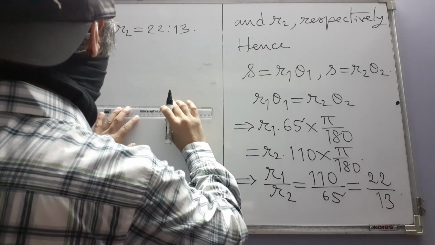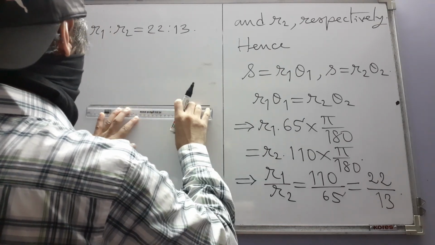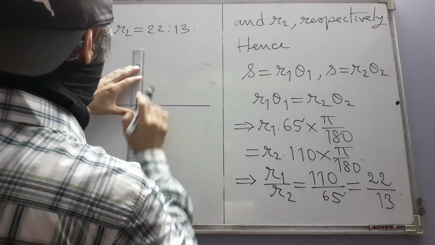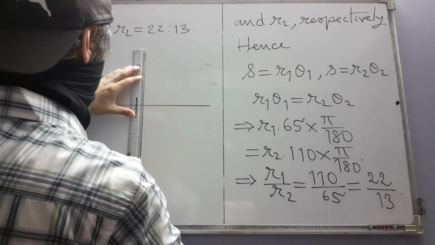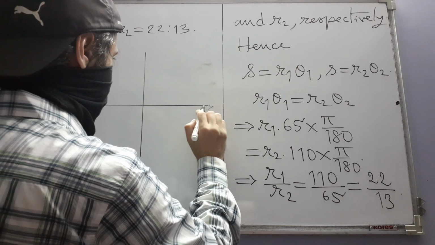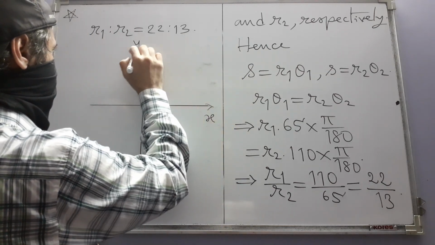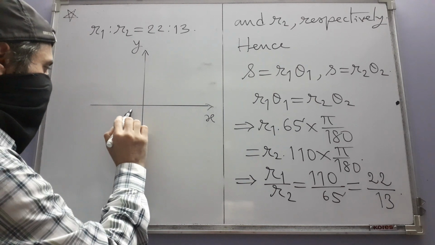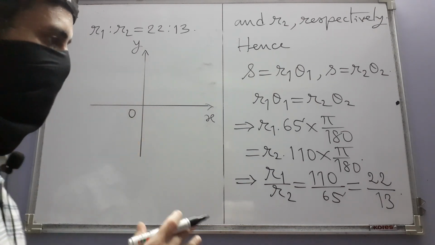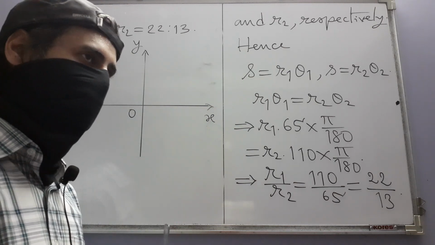So what you do, you draw your usual x and y axis. The positive directions of x and y axis. Now the angle, of course, for us angle corresponds to a rotation.